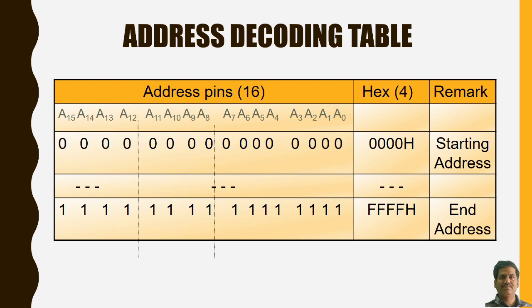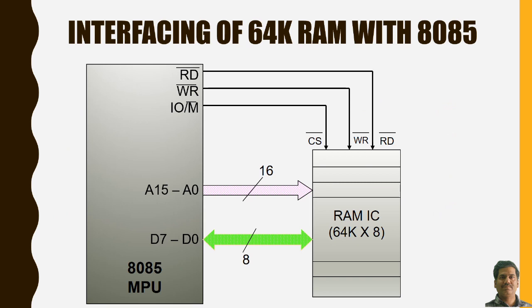Because 16 address lines are required from A0 to A15, we have no option but to select the starting address as 0000H and the end address of 1111, all ones, that is FFFFH in case of hexadecimal numbers. Now let us see the entire diagram.